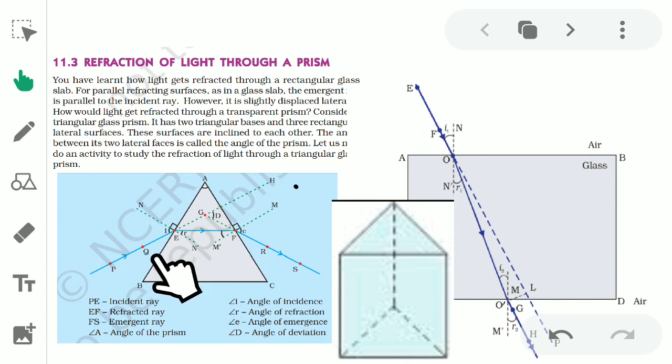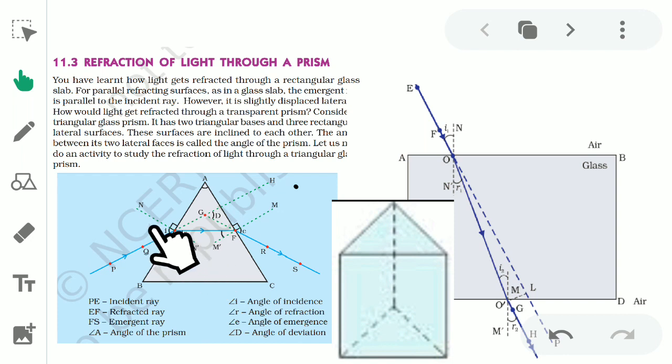Now for the surface AB, n dash is the normal, and for the surface AC, m dash is the normal. Then we will see what happens when the ray PQ is incident on the face AB. The ray enters from rarer to denser medium.